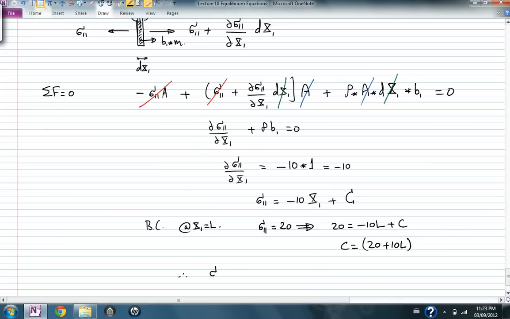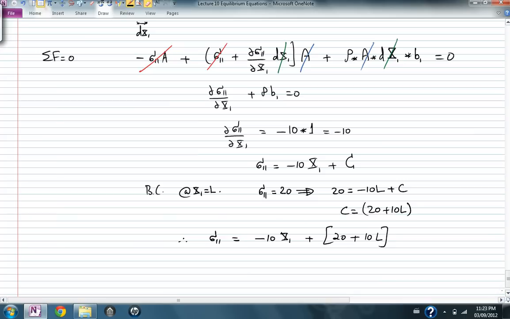Therefore, sigma 1 1 is equal to negative 10 x1 plus 20 plus 10L.